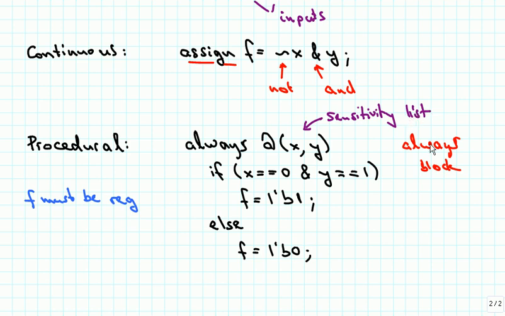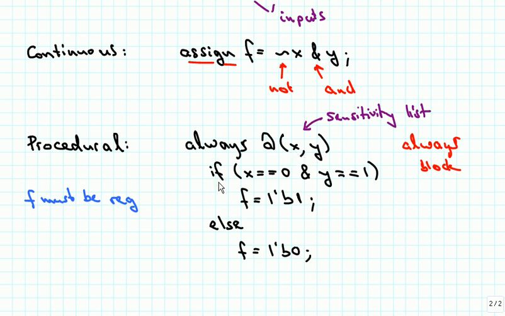In this particular case, the sensitivity list just contains the two inputs x and y, and it is actually going to look at the levels of x and y. It's also possible to specify either the positive edge or the negative edge of an input that it should react on. But for now, we just stick with the levels here.